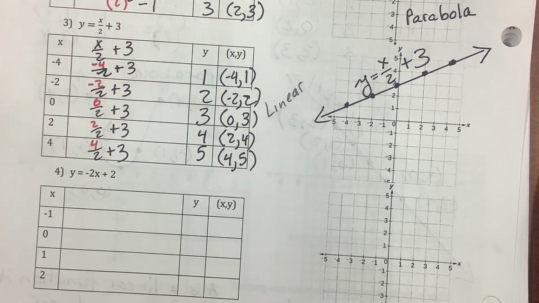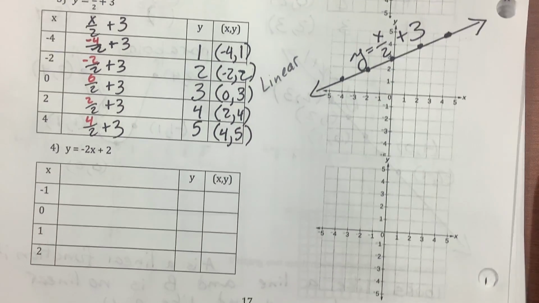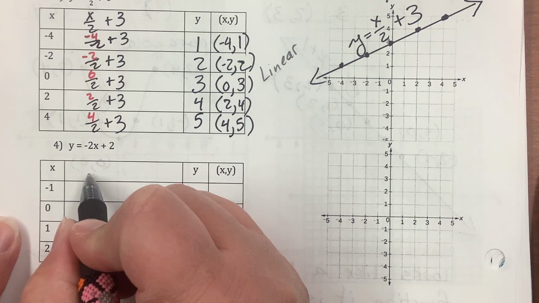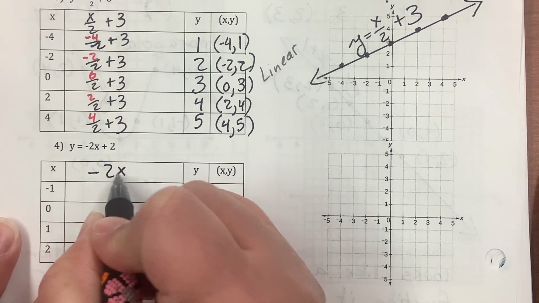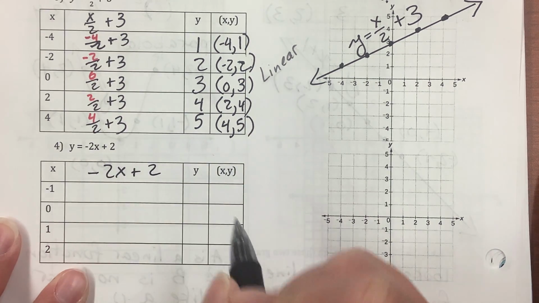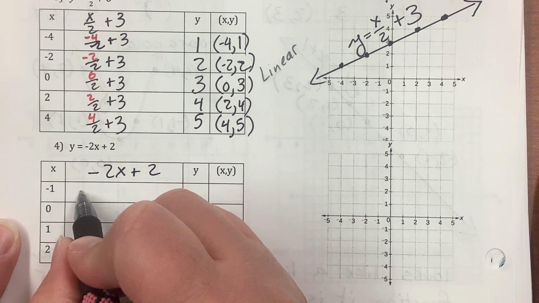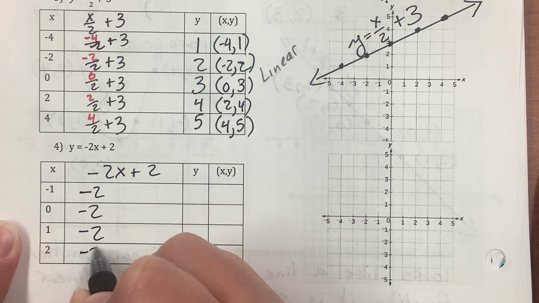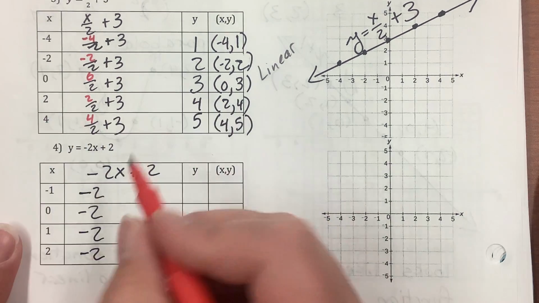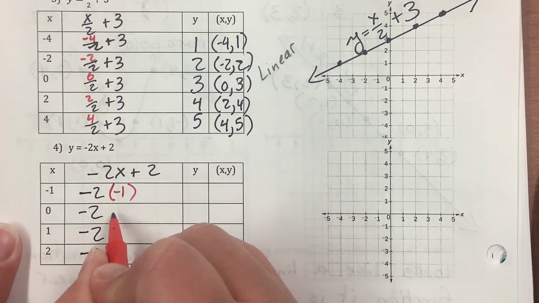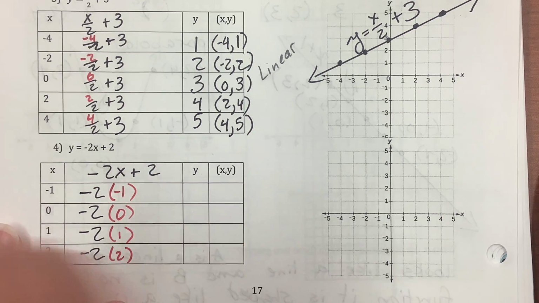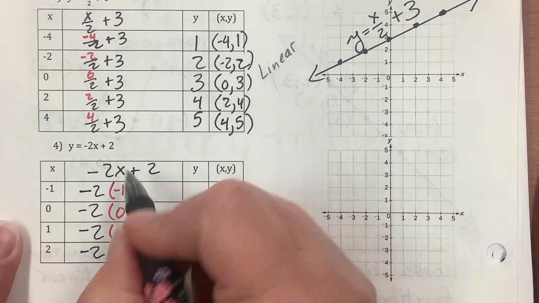All right, down a little bit further. And last problem on this page. The rule, -2x plus 2. So -2 times everything: times -1, times 0, times 1, times 2. Okay.